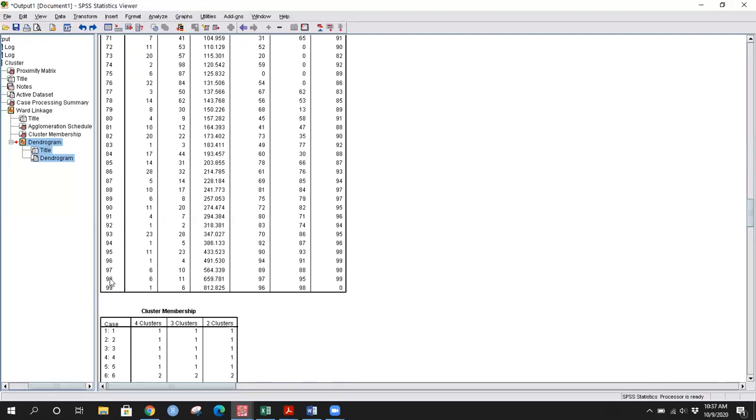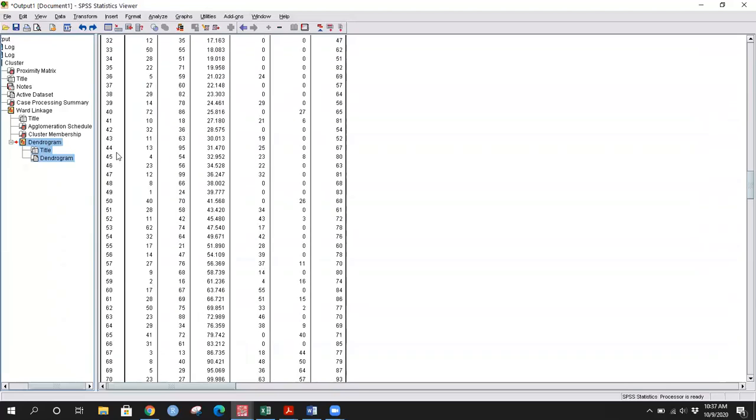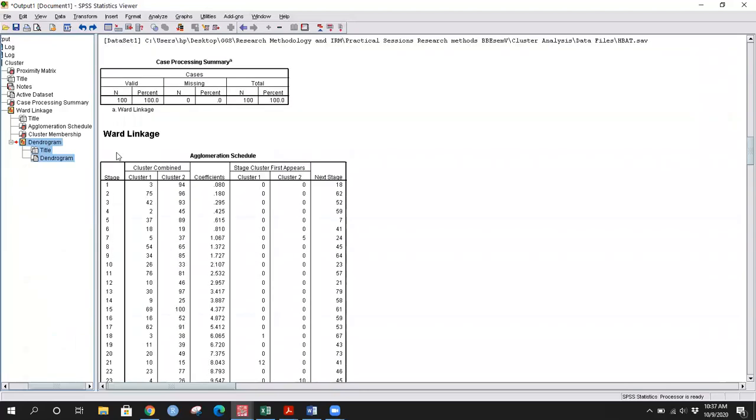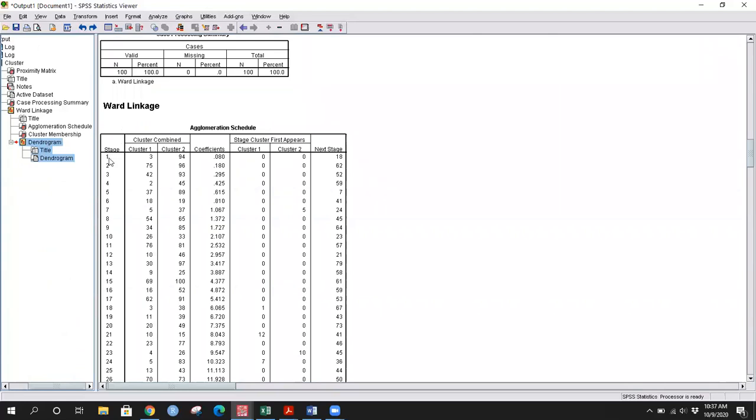Likewise, at stage 98, you can say that this is a 2 cluster solution. And stage 97 would mean a 3 cluster solution. 96 would mean a 4 cluster solution, and so on, till you have a point where everyone is individually a cluster. So that is like the n to 1 method.